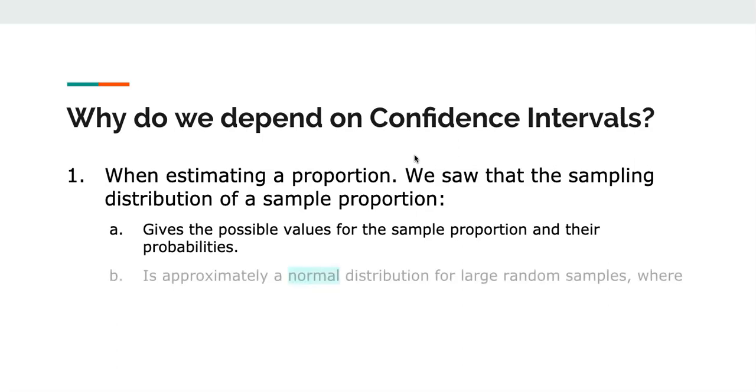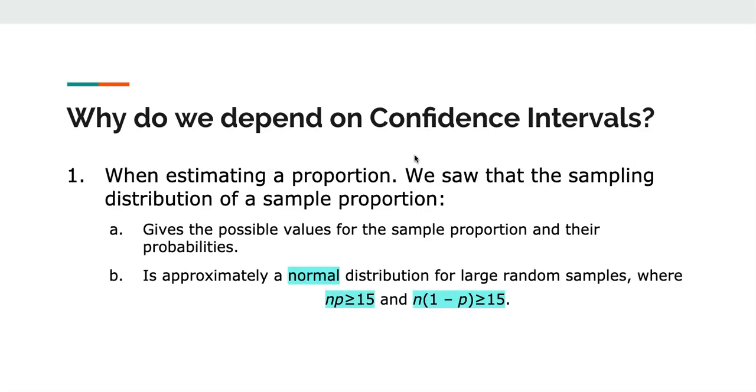And when the sample size was large enough, the sampling distribution of a sample proportion was approximately normal. For a large random sample, n times p, the number of successes, had to be greater than or equal to 15, and the number of failures, n times (1 minus p), or n times q, also had to be greater than or equal to 15 for us to assume the sampling distribution of a sample proportion to be approximately normal.